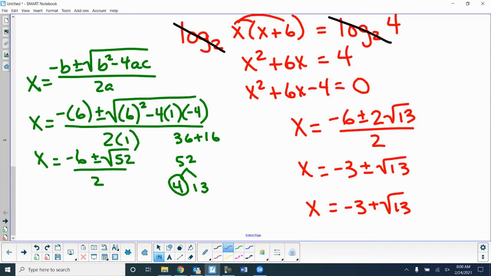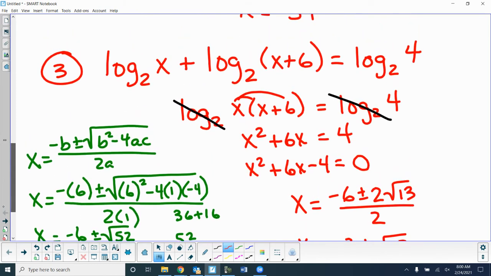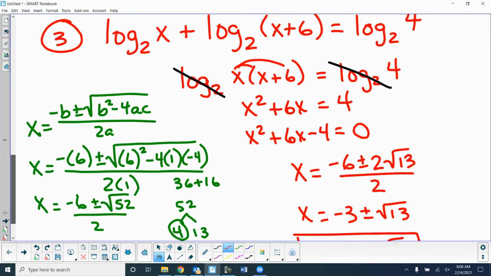If you actually put that in your calculator, you could if you wanted to. That's fine. Leave it like that. So you probably get one that'll work out like that, where you have to do the quadratic formula or factor it.